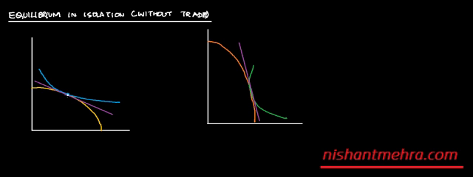Let's say I name this point as A, this point as A dash, this is Y, this is X, this is Y, this is X, this is nation 1, this is nation 2, right?